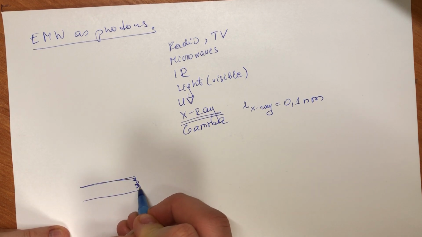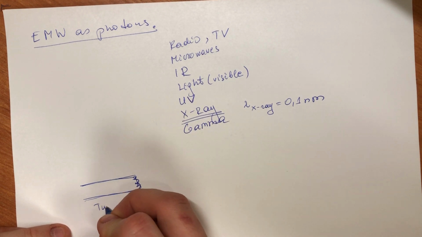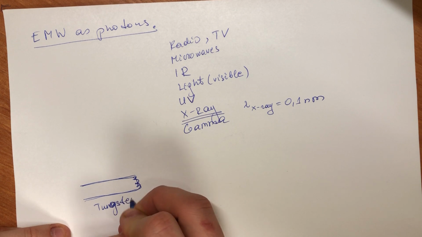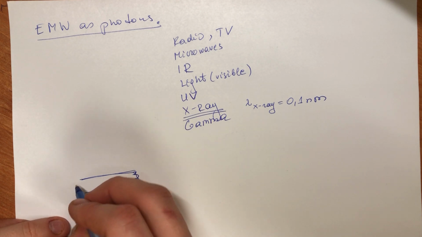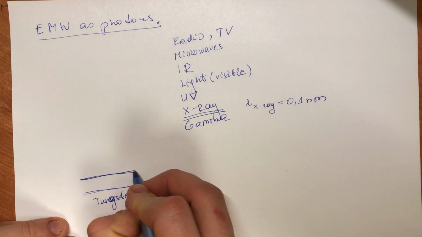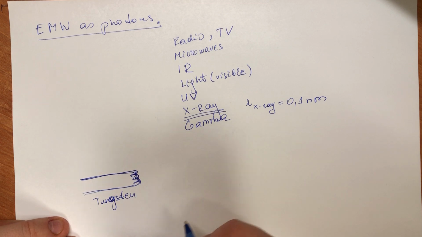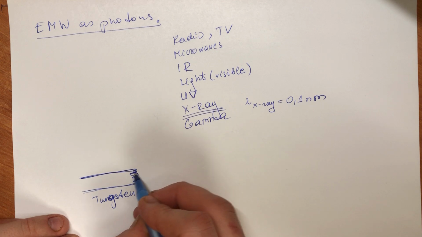So we have a tungsten filament. The tungsten filament is heated, so current is flowing through this filament, and it is heated, which means that electrons in this filament have energy.